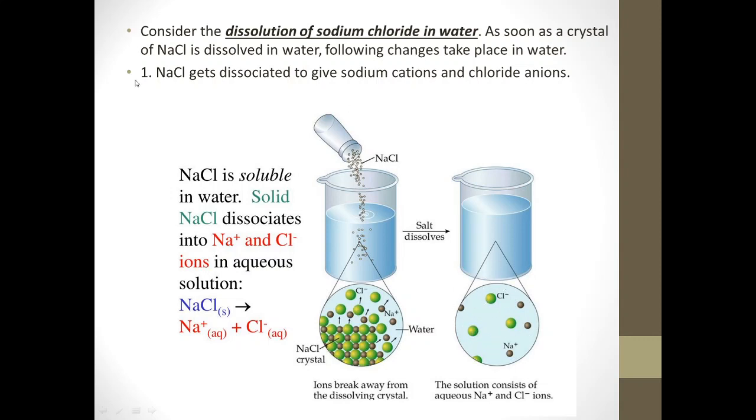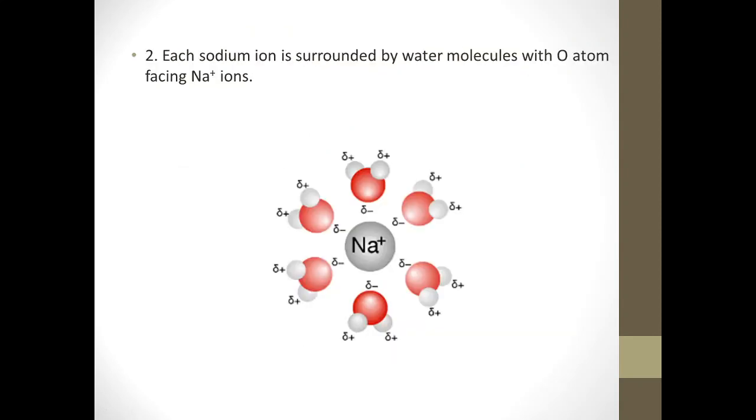So when we put NaCl in water, it dissolves, and the solid NaCl dissociates into Na+ and Cl- ions in aqueous solution. The reaction is given as NaCl in solid state converted into Na+ cations and Cl- anions in aqueous state.